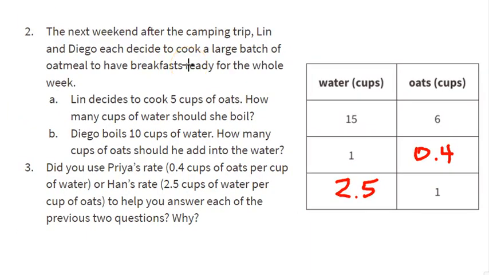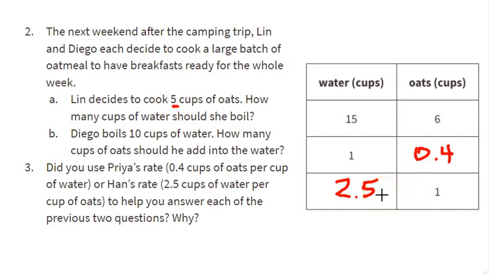Next weekend, after the camping trip, Lynn and Diego decided to cook the large batch of oatmeal for breakfast for the whole week. Lynn decides to cook 5 cups of oats. How many cups of water should she boil? Well, 5 cups of oats, and she wants to find out how many cups of water. Since we're starting with the cups of oats, we need to work back and find what the cups of water would be.